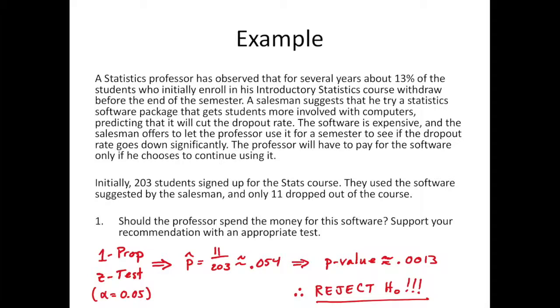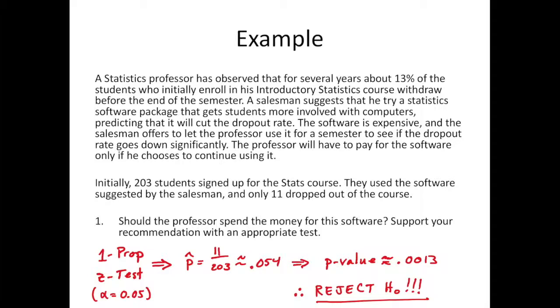Now, in order to perform any inference, we need to have several assumptions met. First is that n is at least 30. That's met. Since this is estimating a proportion, we'd like to expect at least 10 successes and 10 failures. In this case, a success would be someone withdrawing. So if the null is 0.13, that means that out of 200 students, you'd be expecting at least 20 to withdraw.